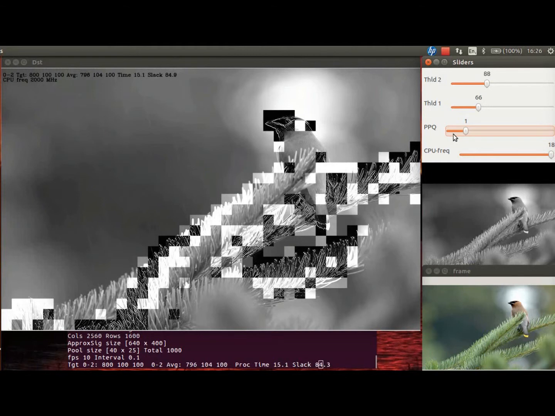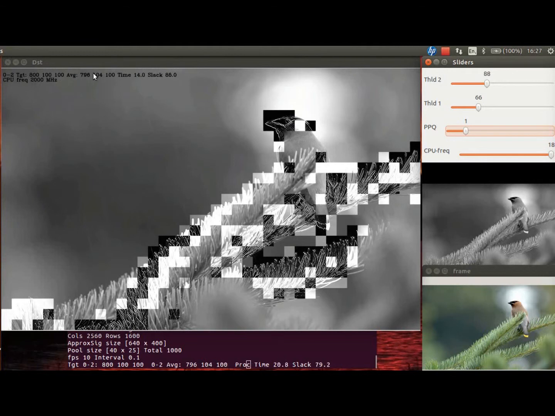You see the two threshold values vary as I wind them up, and up here at the top of this image you have 3 target levels, which is 800 blocks for no processing, 100 blocks for level 1 processing or 3x3 filters, and 100 for 5x5.